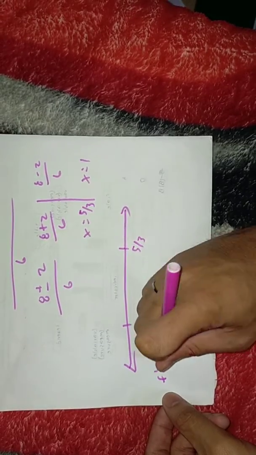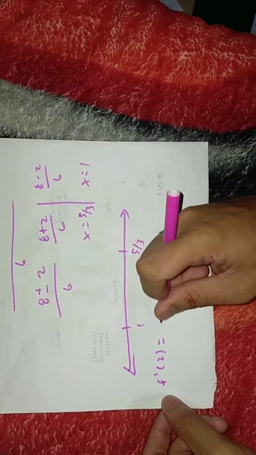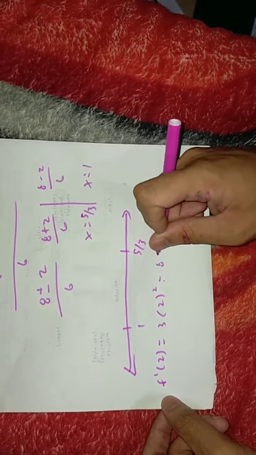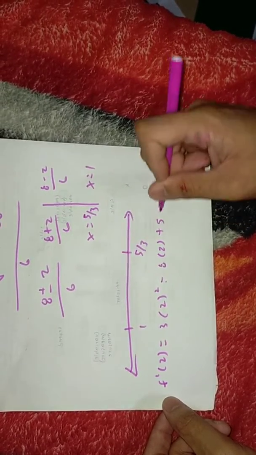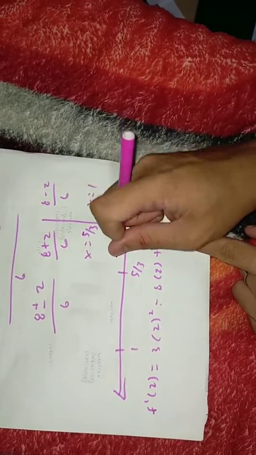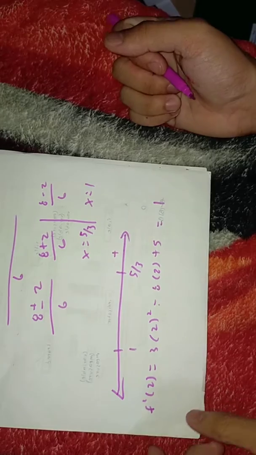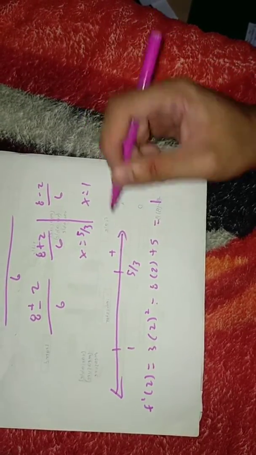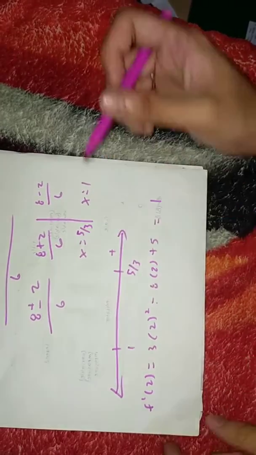The first derivative at 2 is equal to 3 times 2 squared minus 8 times 2 plus 5, which is equal to 1, which is positive. Then let's think of some number that is lower than 5 over 3 but greater than 1.